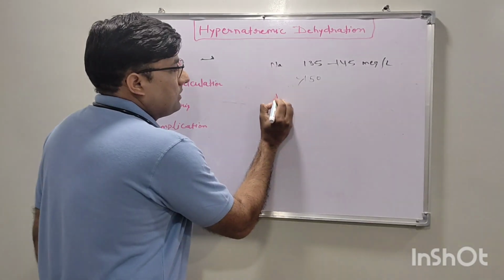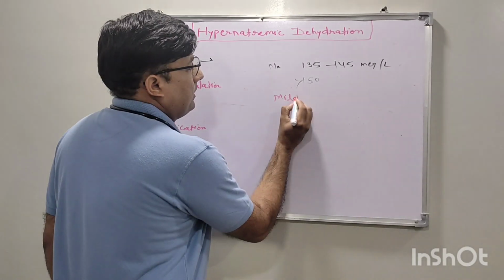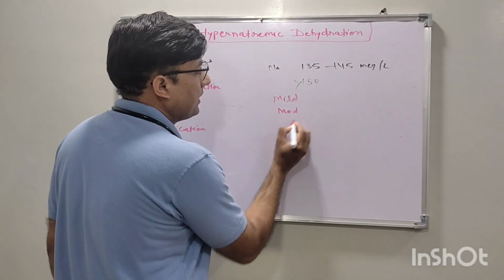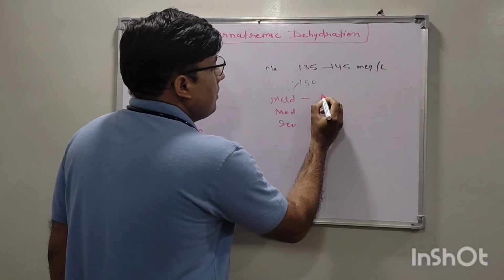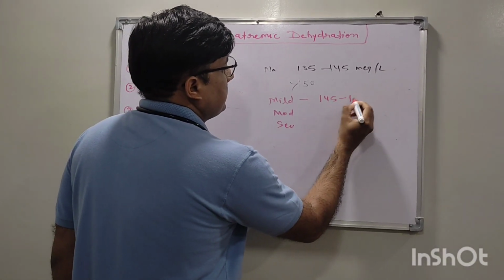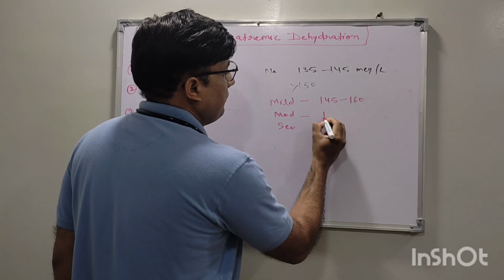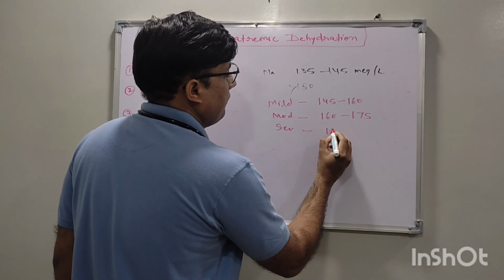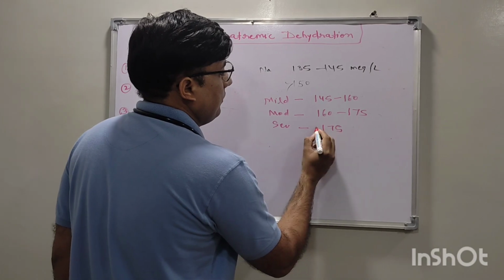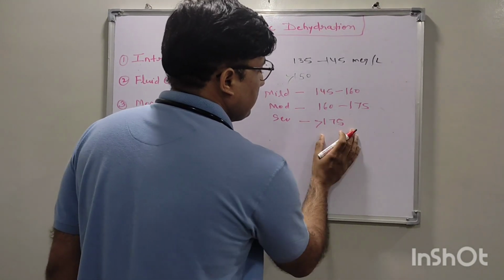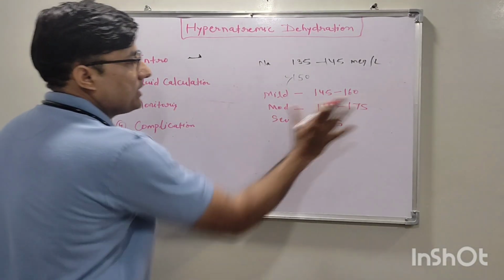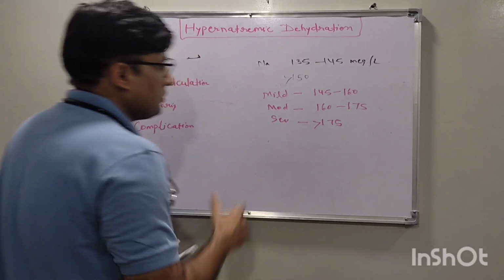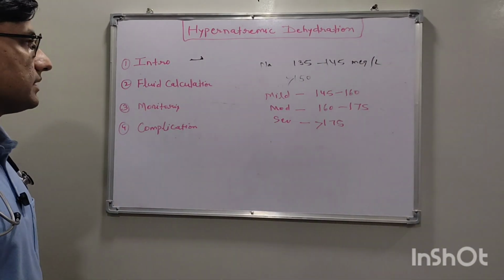That is divided into three categories: mild, moderate and severe. So 145 to 160 is mild, 160 to 175 is moderate, and more than 175 milliequivalent per liter of sodium is severe. Mild, moderate, severe. These are the categories of hypernatremic dehydration.